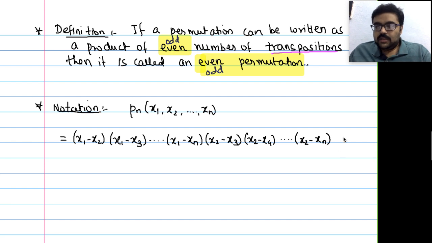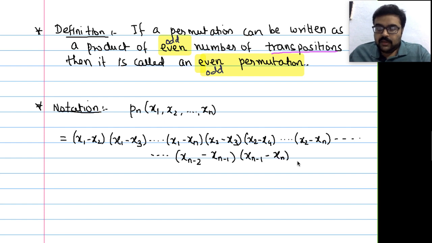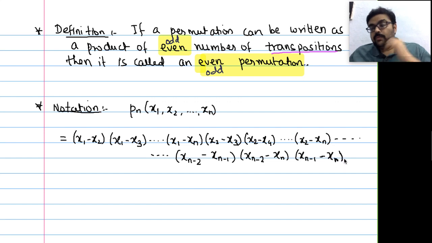So what comes next? x3 minus x4 and so on. So this goes on, कब तक? x(n-2) minus x(n-1), next one. Then we have x(n-2) minus xn, and then x(n-1) minus xn. So this is the polynomial.